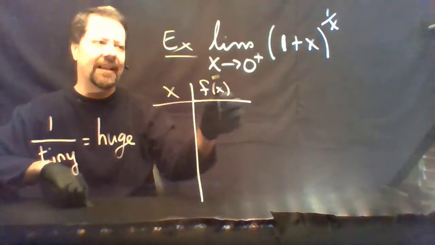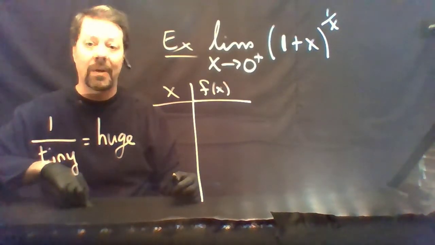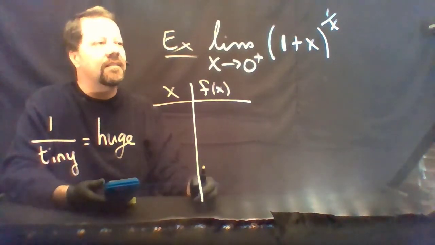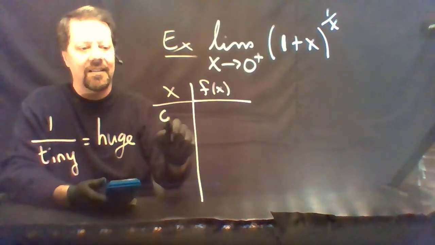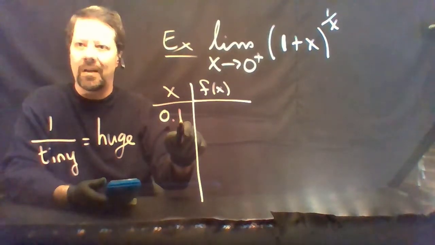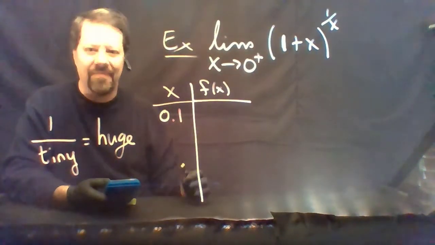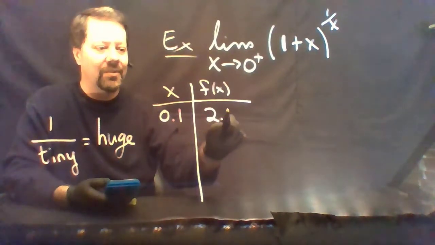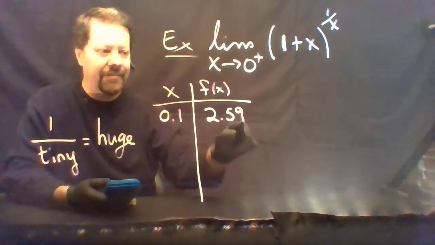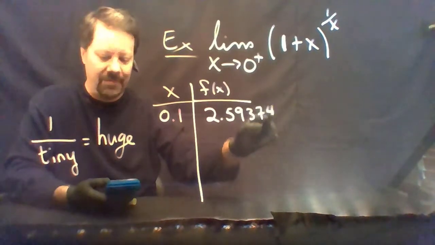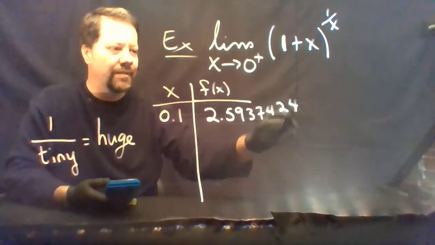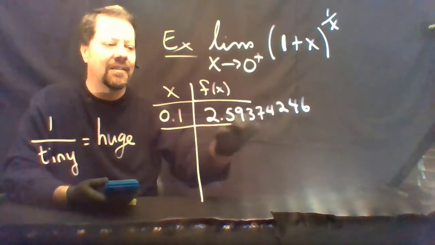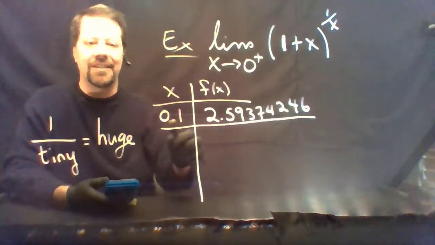Let's try plugging in tiny numbers into our calculators and just see what happens. Let's try 0.1. My calculator gives me 2.593742 for this. Well, we didn't need all of those digits. We're not nearly close enough to 0 yet.